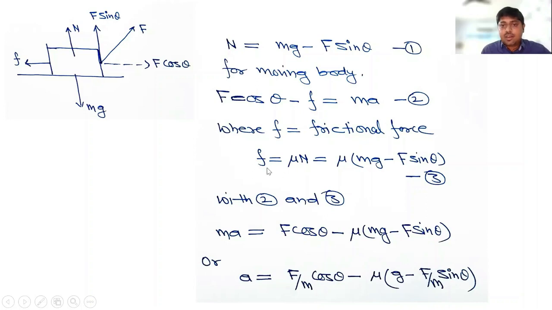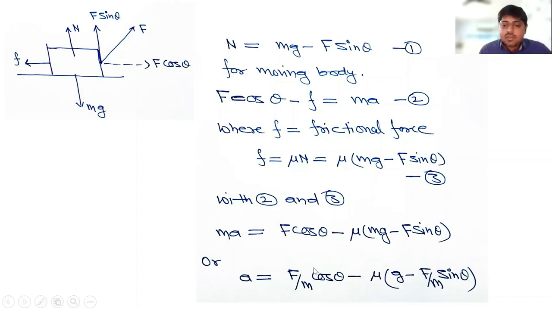Taking this value of f and putting it in this equation 2, we can calculate the value of ma as F cos theta minus mu times (mg minus F sin theta). From here, we can write it in another way, like a is equal to F upon m cos theta minus mu times g minus F by m sin theta.